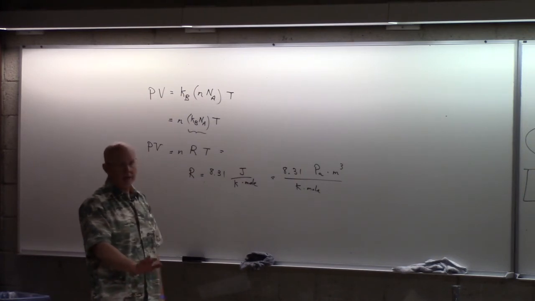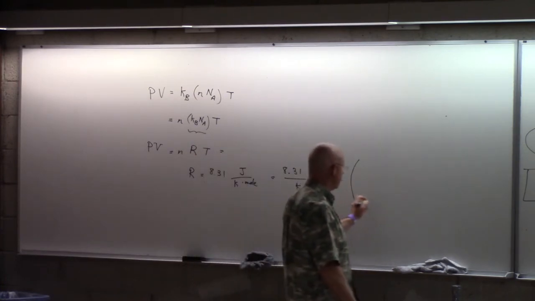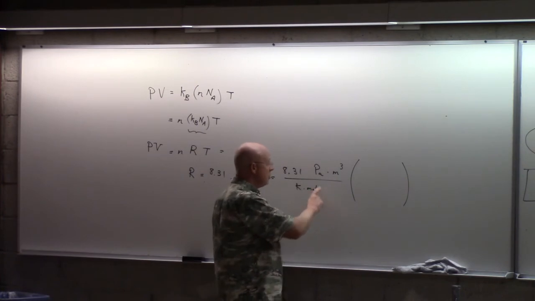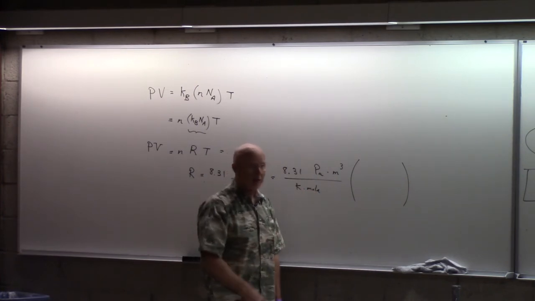However, I got to admit that I bet most of you, if you've seen this equation before, were coming from a chemistry class and you didn't measure your pressure in pascals, you measured it in atmospheres.